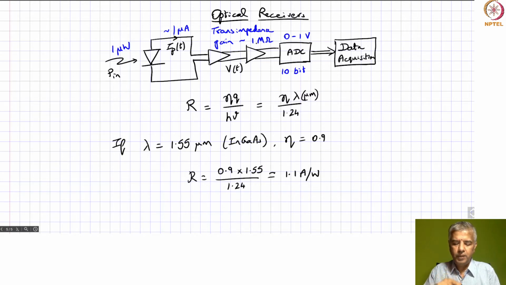Just to give you a hint, these amplifiers are typically op-amp based and would have a certain gain bandwidth product. For example, an op-amp 741 has a gain bandwidth product in the order of 1 meg.